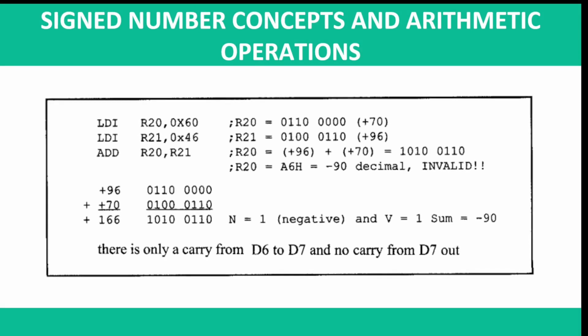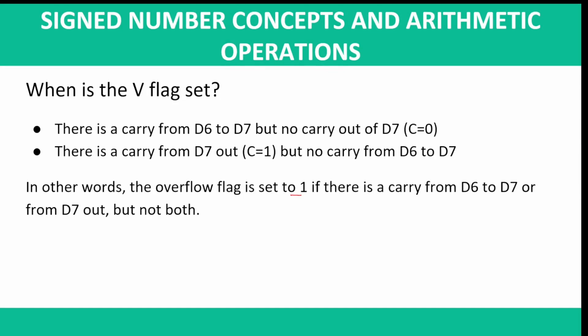We have here an example. So we have the 0x60 loaded to register 20, pareho nito sa ganina, and 0x46 loaded to R21. Nag-flag set siya, V is equal to 1, because this is our D6. Our D6, 1 plus 1, has a carry of 1 padong sa D7. So, nasatisfy niya ang first nga condition nga there's a carry from D6 to D7.